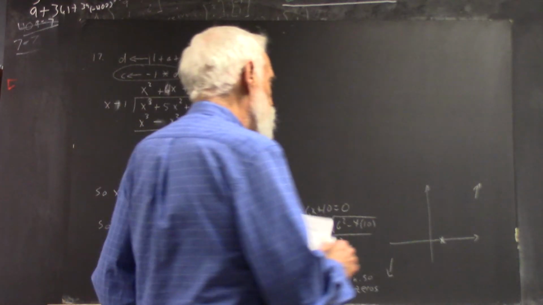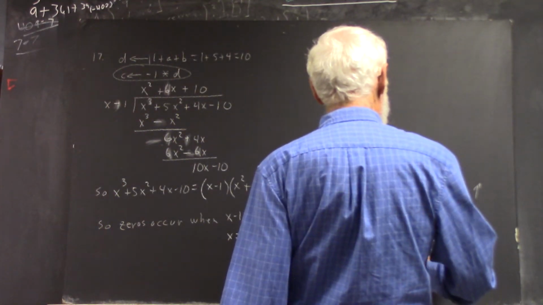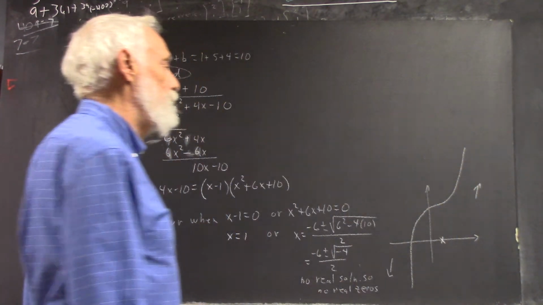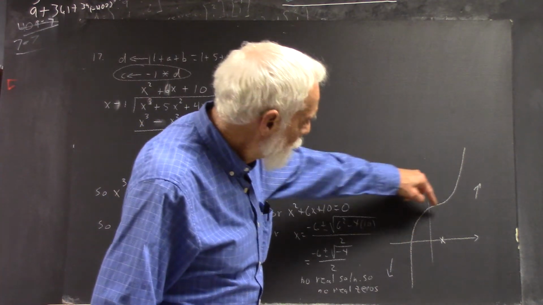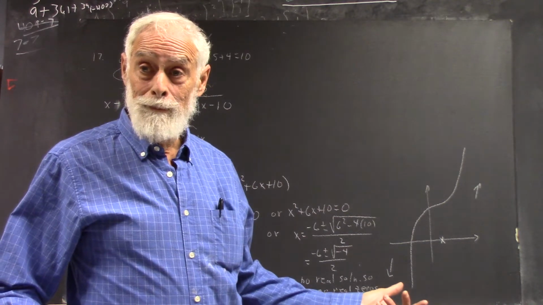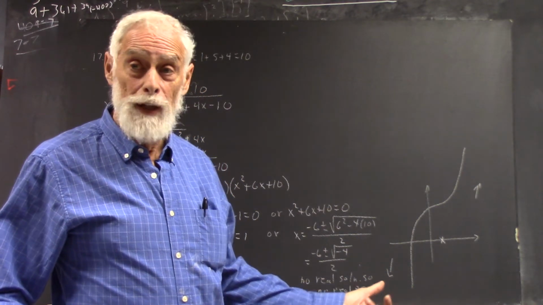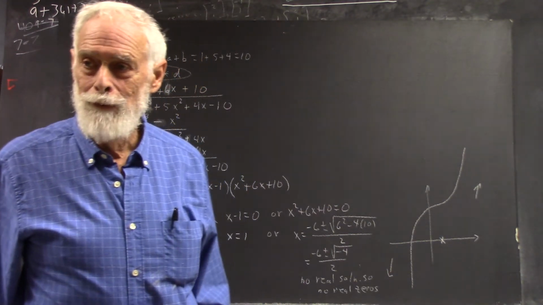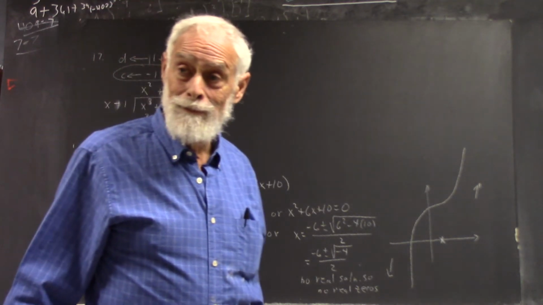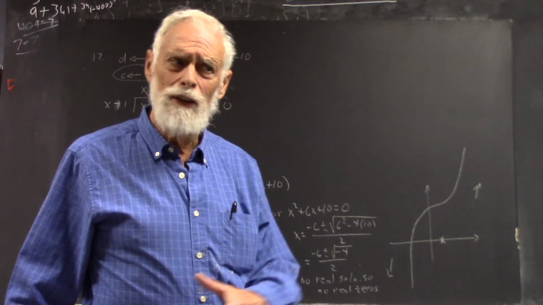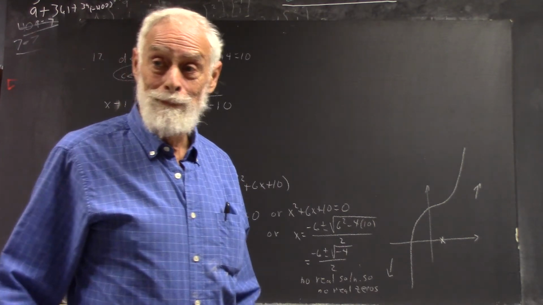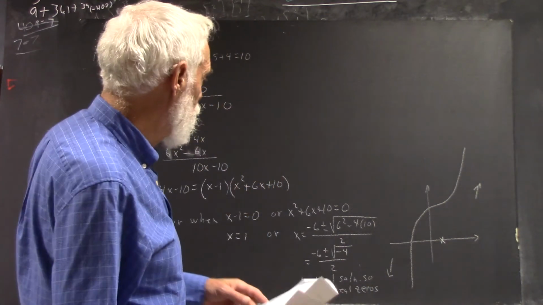Okay? So it's going to look something like this. But you don't know exactly where it's going to do this thing that x cubed does, right? And you're not going to know because for that you would have to use some calculus. Okay? There's no good way to figure that out without calculus. There are ways, they're just not good ways, and I don't really want to play that on you. It'd be kind of beyond the scope of the course.